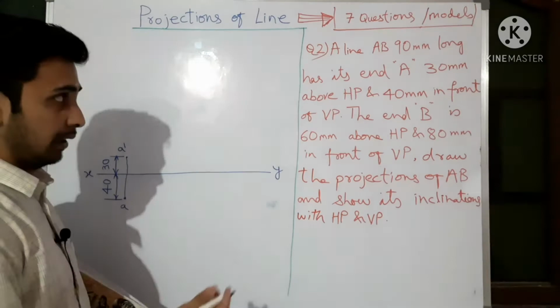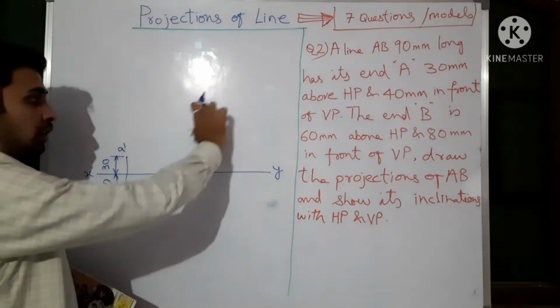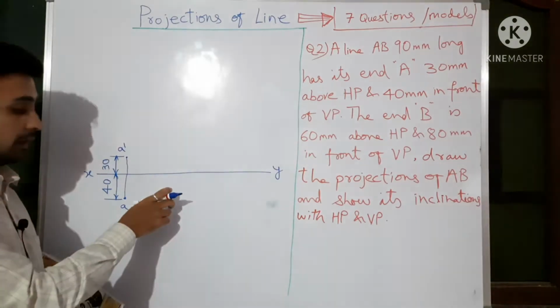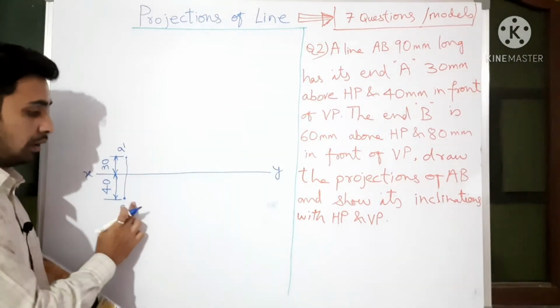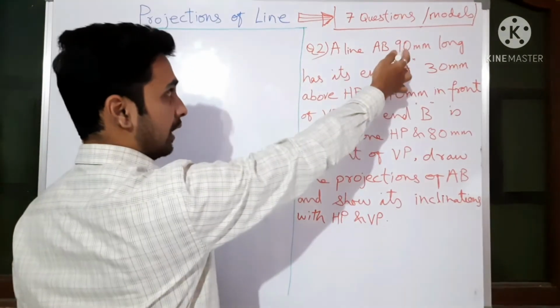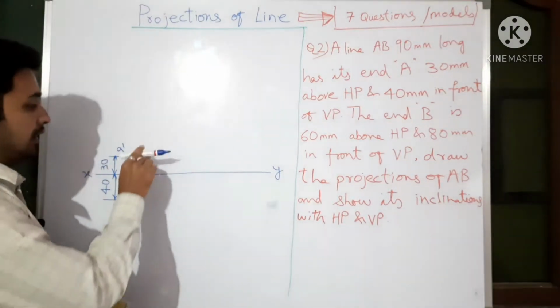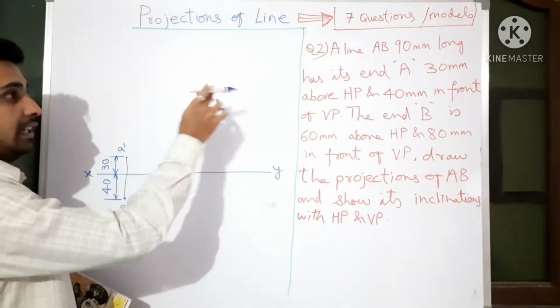In the previous problem, the inclination of the line with respect to HP was given, and the inclination with respect to VP was given, so we drew accordingly. The length was known to us. Here also the length is given, but theta, the inclination with HP, is not given.